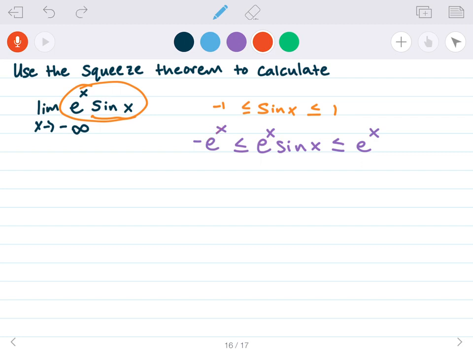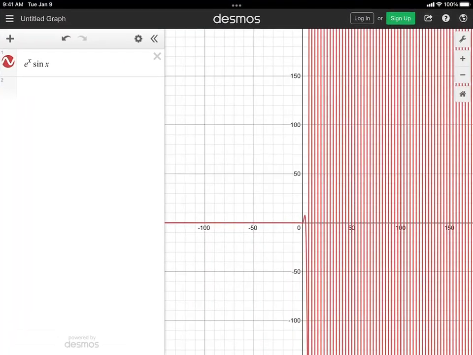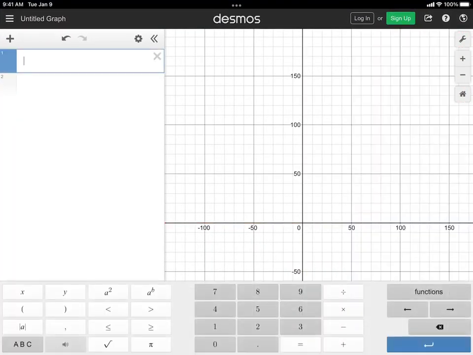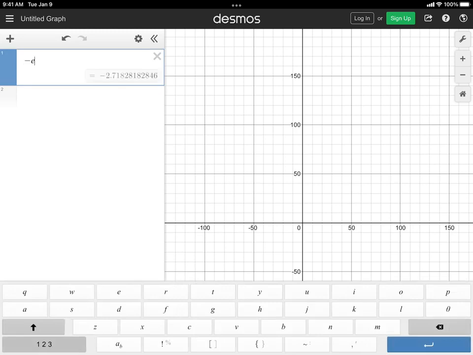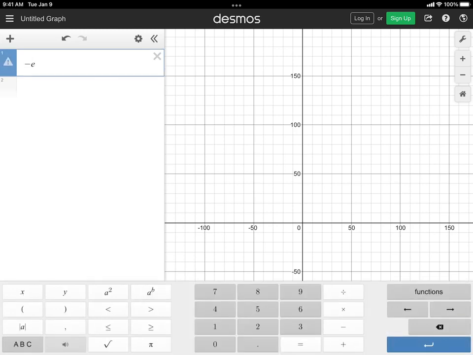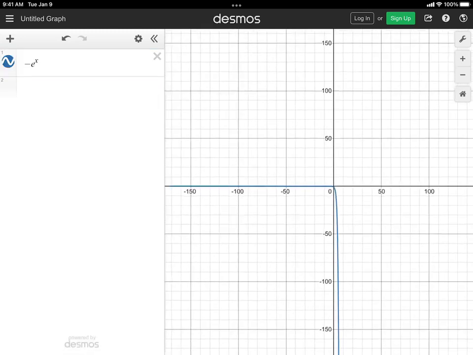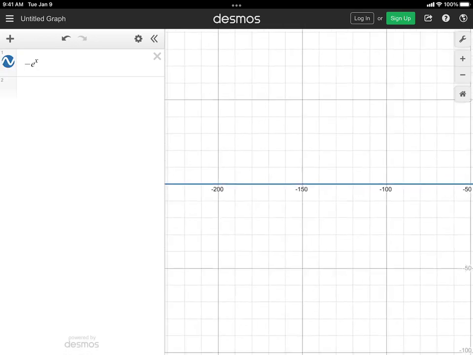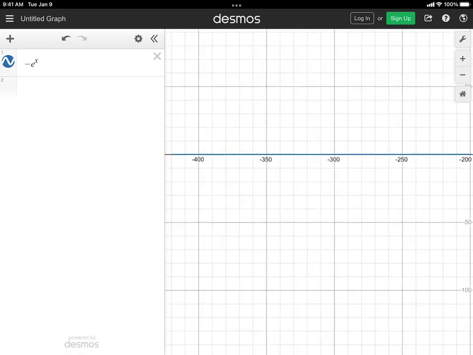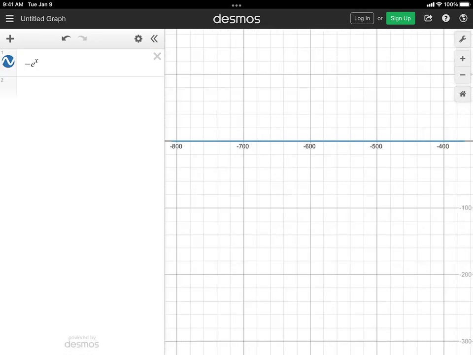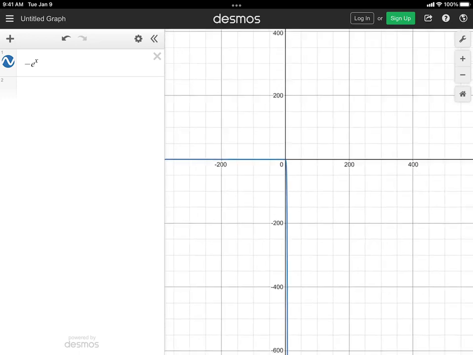And let's look at this on a graph. Okay, so let's do negative e to the x. All right, notice as x gets smaller and smaller and smaller, negative e to the x is going to 0. Okay, we can see that.